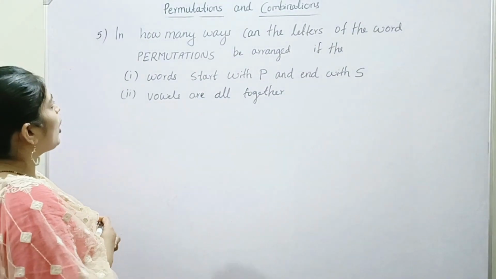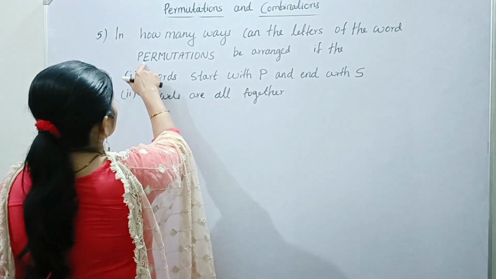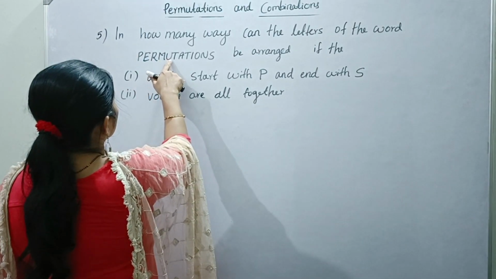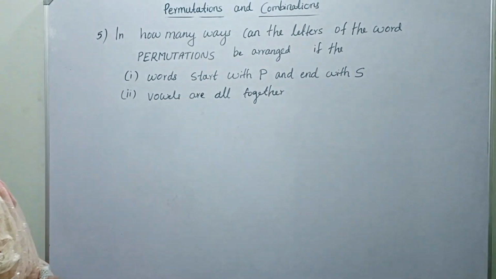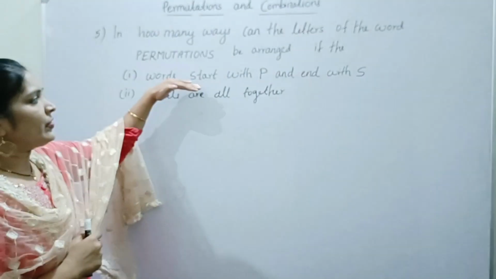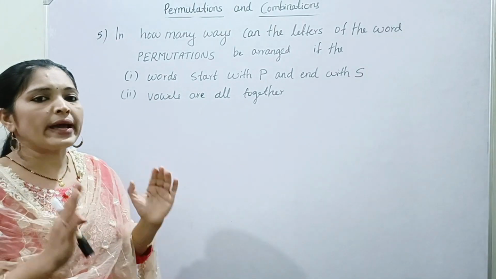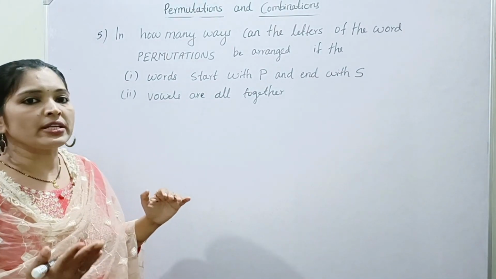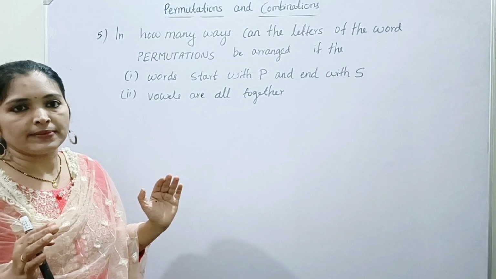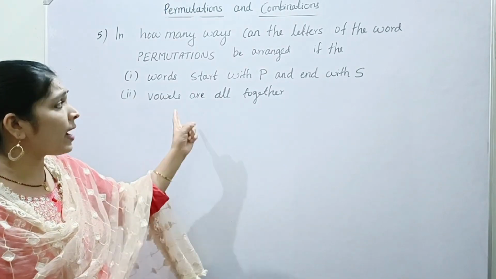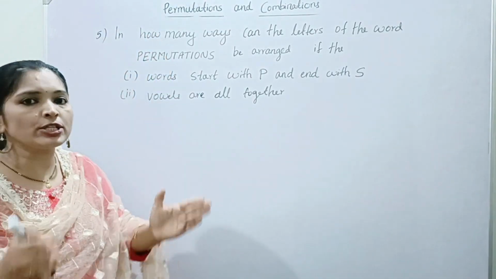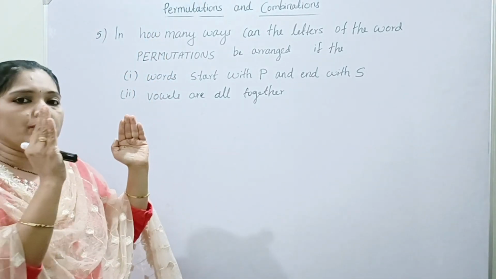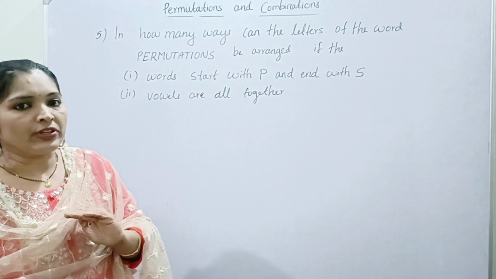How many letters are there? 1, 2, 3, 4, 5, 6, 7, 8, 9, 10, 11, 12. So 12 letters. Our first question is, in how many ways we can write words that start with P and end with S. So all the words should start with P and end with S.